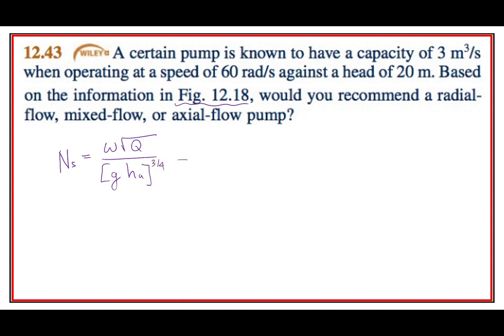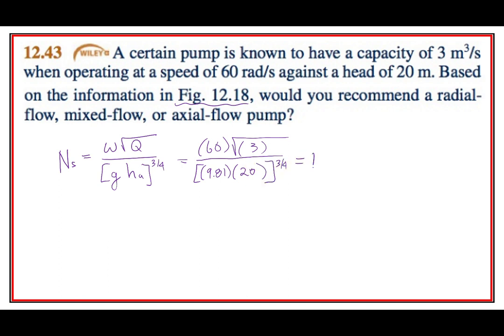So if we do that, we have 60 radians per second, square root of 3 cubic meters per second, divided by 9.81 multiplied by 20 meters, and raised to the 3/4.